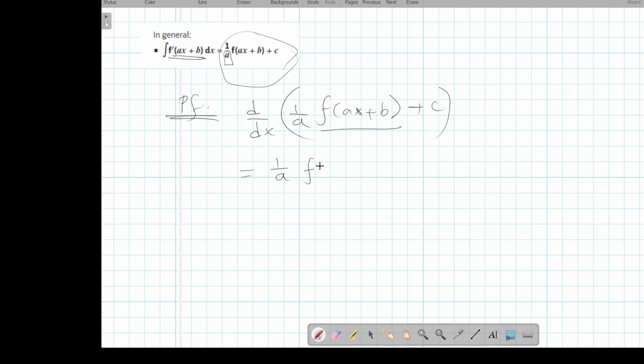And the derivative of f is f prime of ax plus b, and the derivative of the inside function in the argument should be multiplied here because of the chain rule, plus the derivative of a constant is 0. So this a will be cancelled out and you will get f prime of ax plus b. Proved.